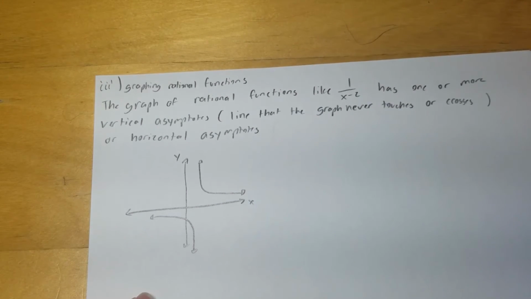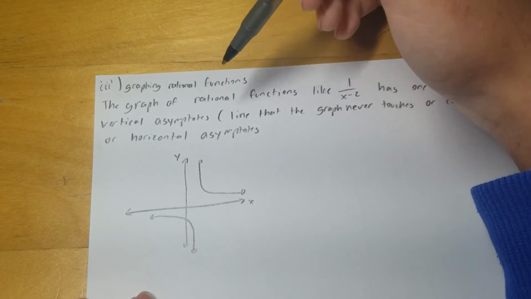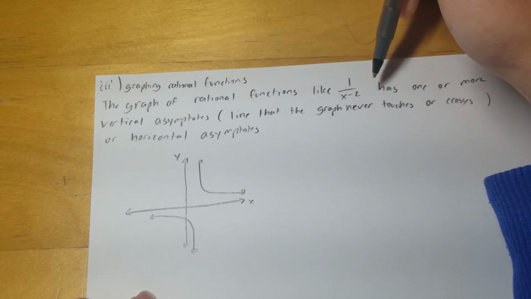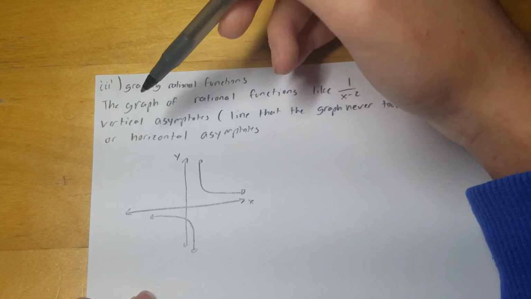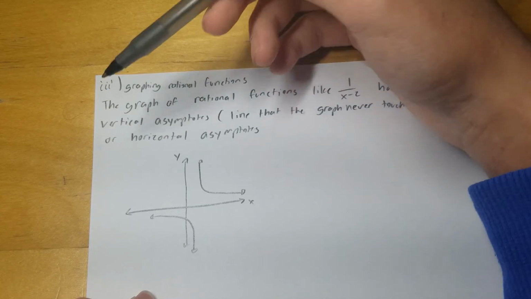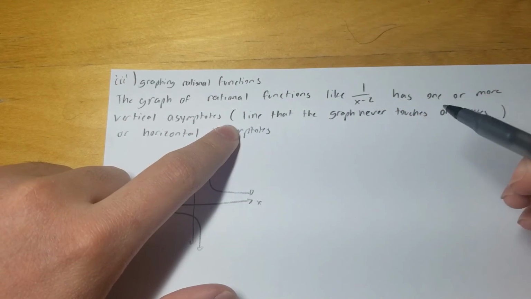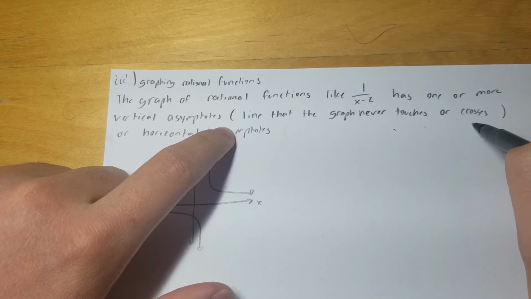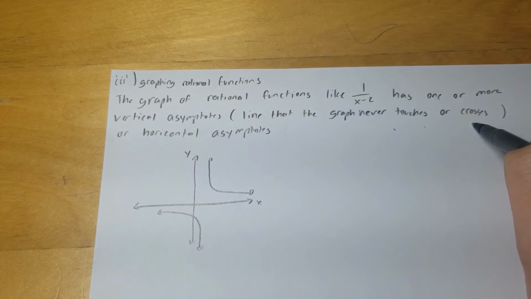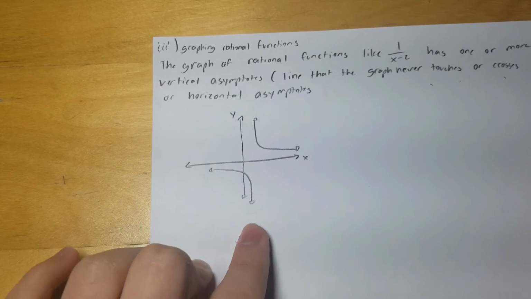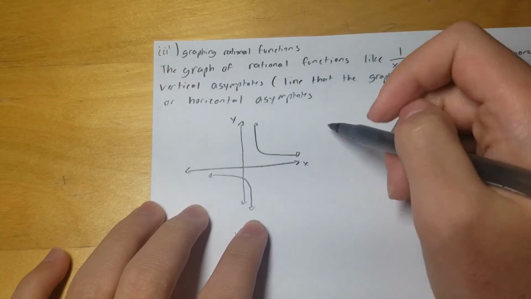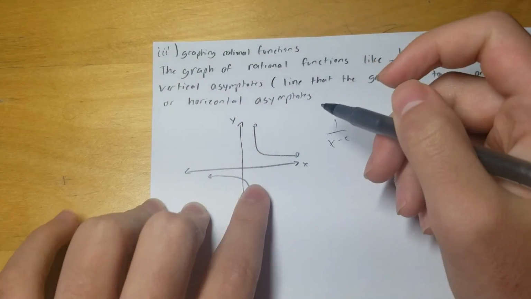The graph of a rational function like 1 over x minus 2 has one or more vertical asymptotes or horizontal asymptotes. Asymptotes are lines that the graph never touches or crosses. This looks like the graph of 1 over x minus 2, but I didn't label it.